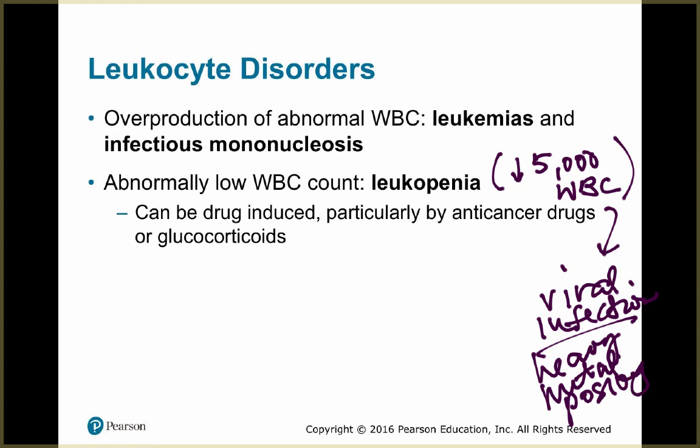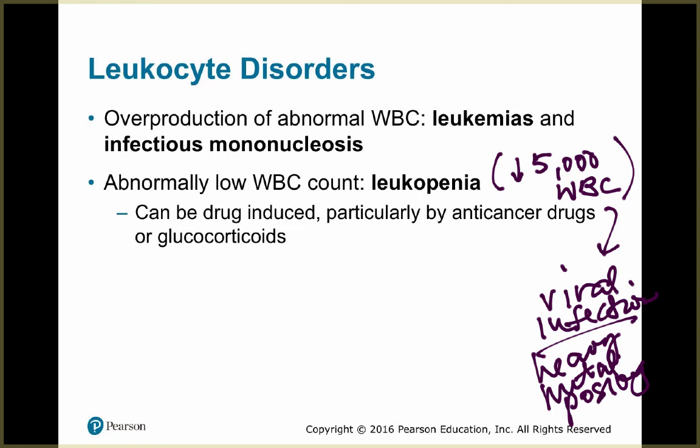Sorry, it keeps going forward. So overproduction can arise from leukemias or infectious mononucleosis. Leukopenia is an abnormally low count, which is the opposite, right? And it can be drug-induced, particularly by anti-cancer drugs or glucocorticoids.